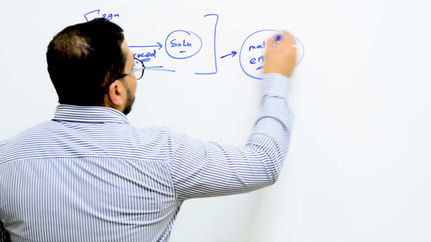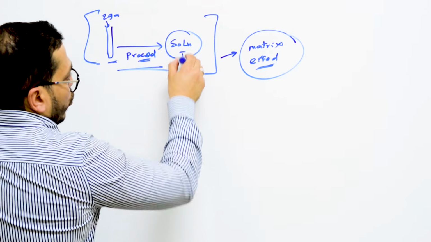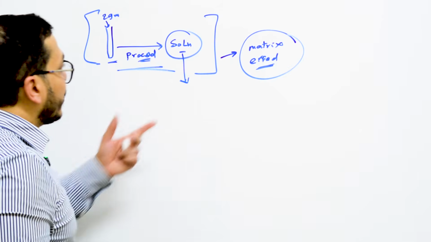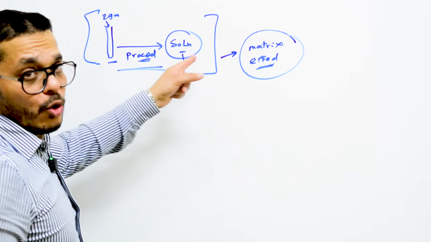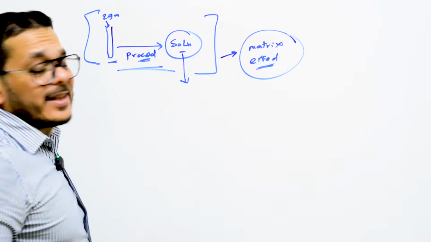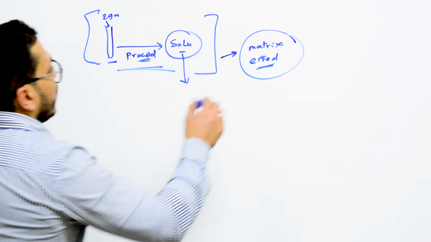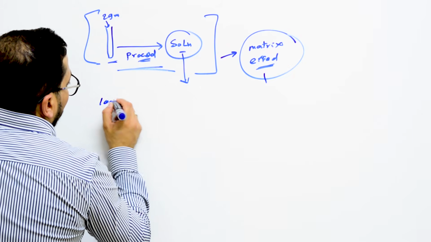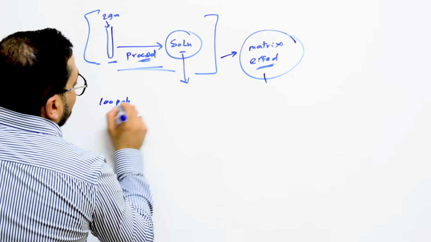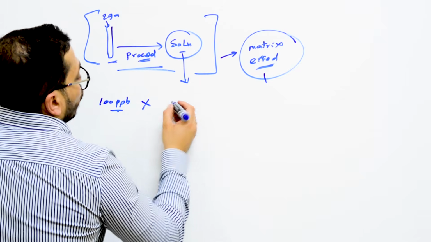But finally, you will get the solution, and you will prepare the calibration in this solution. So there is no other effect during the whole procedure on the standard, but only the matrix effect at the end.